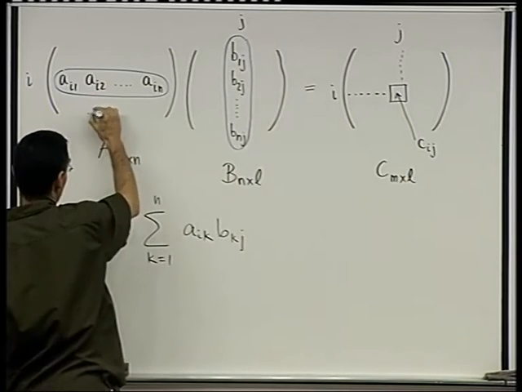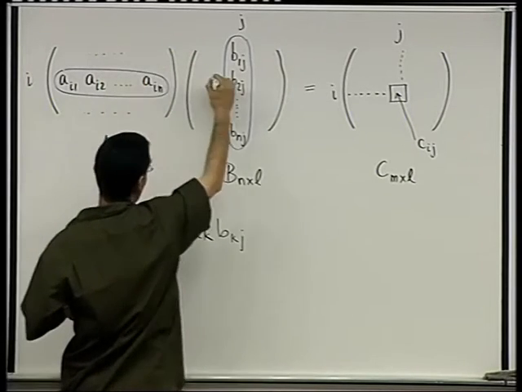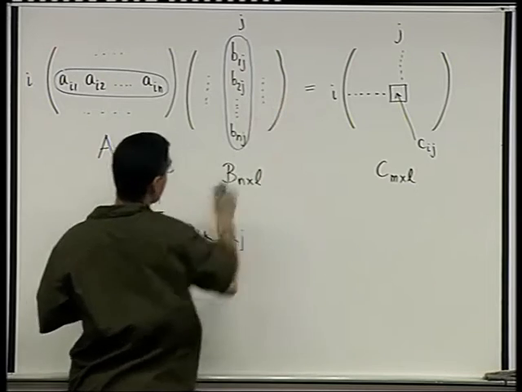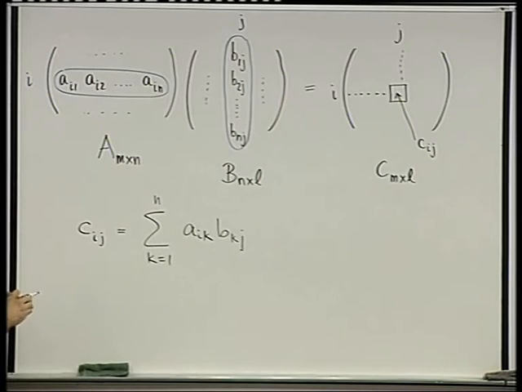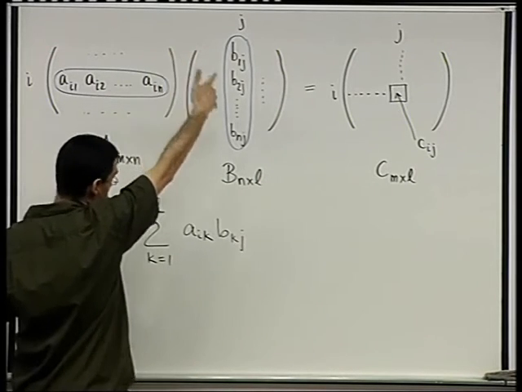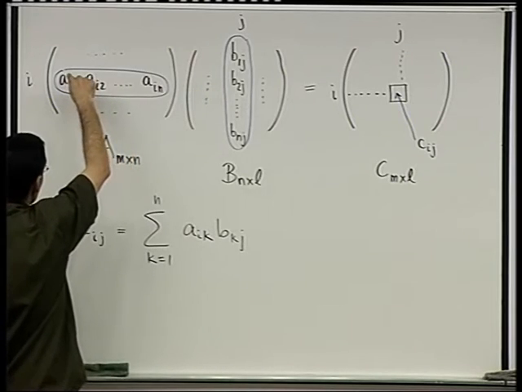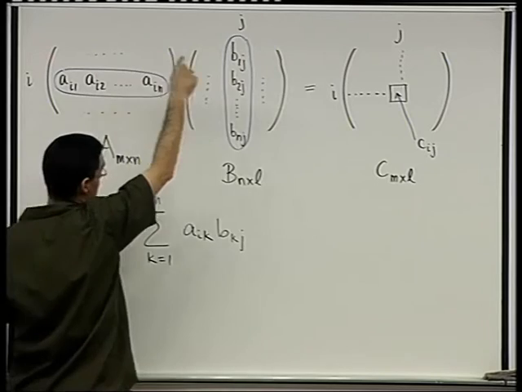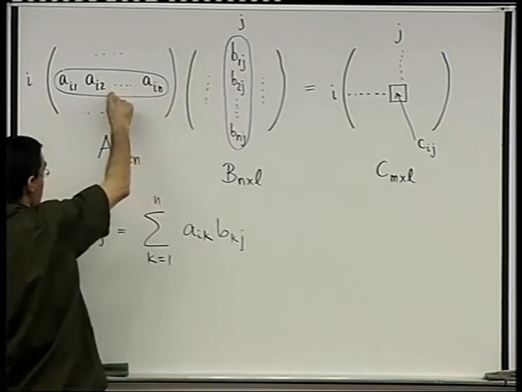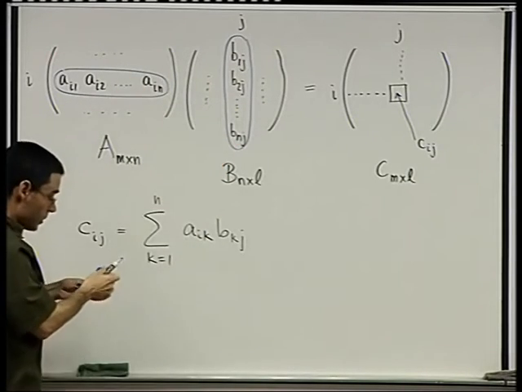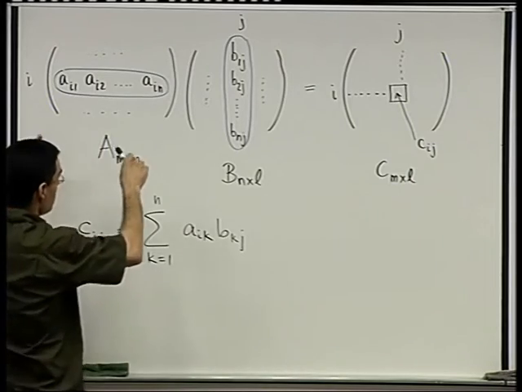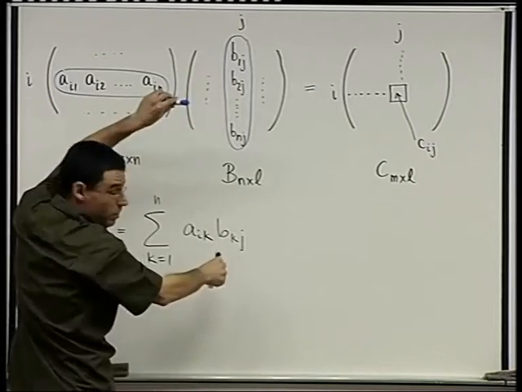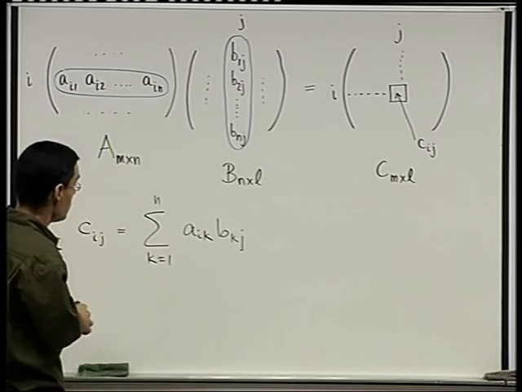So there's a lot of other stuff here and here, and here and here, which I didn't write. And all we're taking is the ith row of A times the jth column of B. So this is the first element here times the first one here, plus the second one here times the second one here, plus the third one here times the third one here. That's why we indicated that we do it kind of like this. Okay, that's just to remember what we're doing.